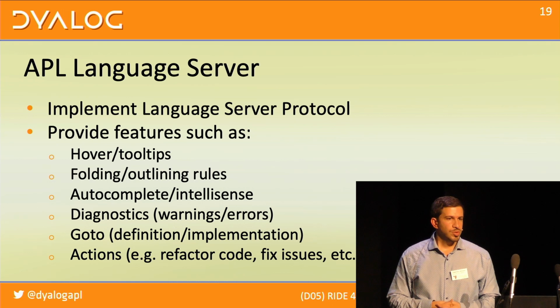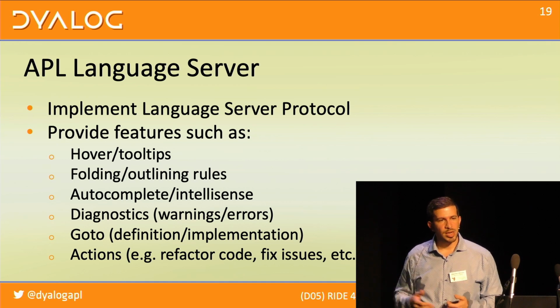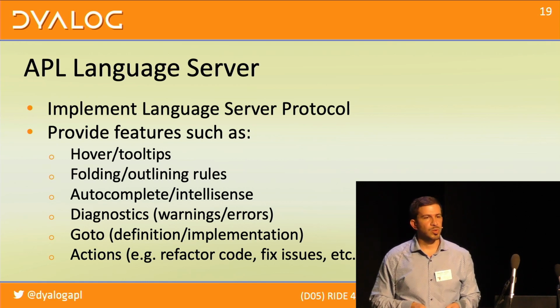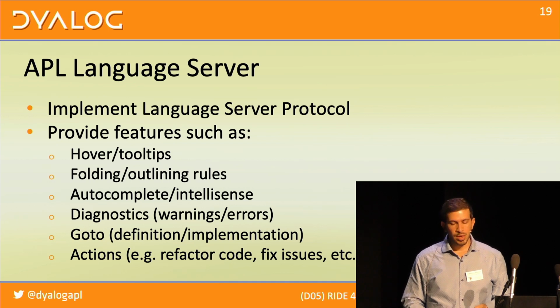The idea is that we could allow individual APL houses to extend a language server and implement their own callbacks to provide features like signature help when you call a function to know what arguments it takes, etc.